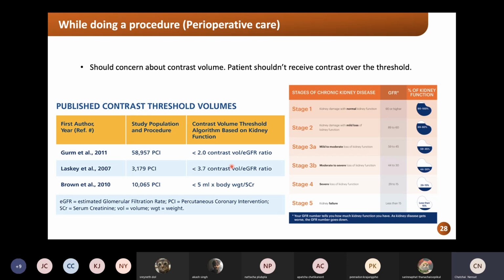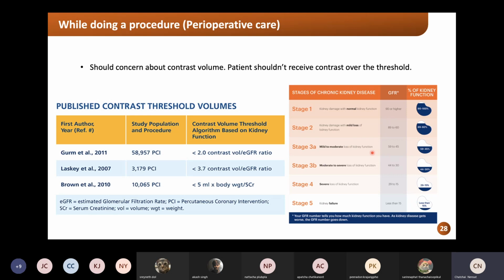If you look at this criteria, the maximum contrast volume you can give to a patient with normal kidney function is not over about 300 milliliters, like 300 to 400.